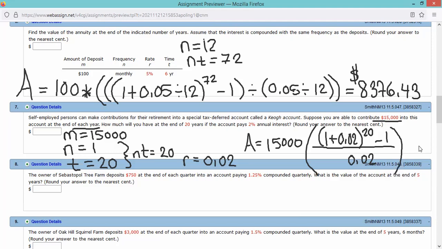So 15,000 times... okay, that gives me at the end of the retirement in number 7, 364,460 and, rounding to the nearest cent, 55 cents. So that's the answer for 7.